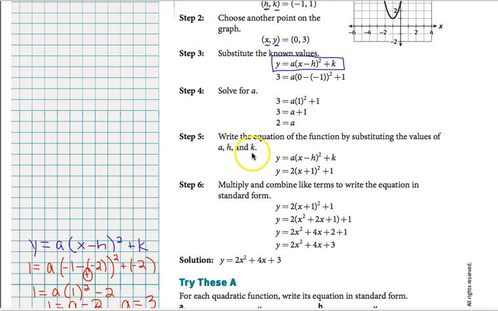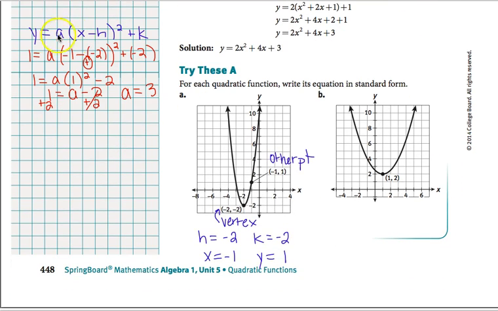Now we can write the equation of the function by substituting a, h, and k, not x and y, just a, h, and k. So I use the same format right here, and I'll pick a different color this time. y equals a, which is 3, times (x minus -2), which becomes x plus 2, squared, that's my h, plus k, so plus -2, which is minus 2.